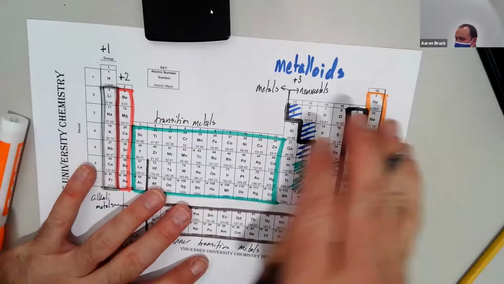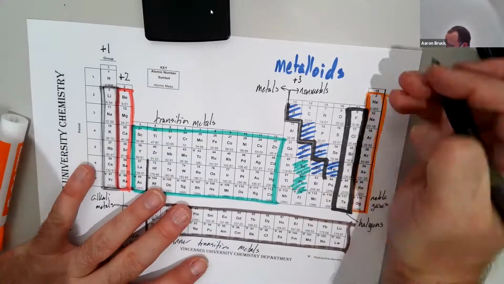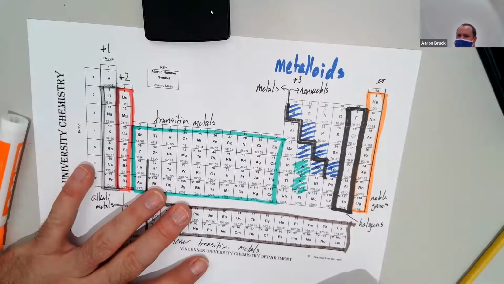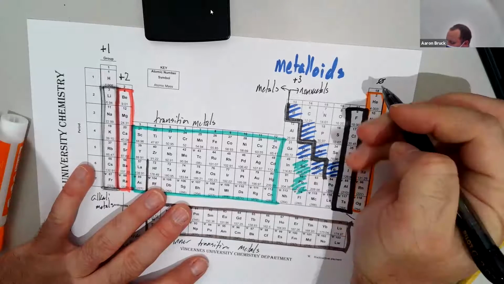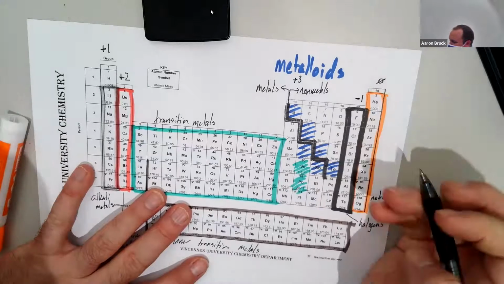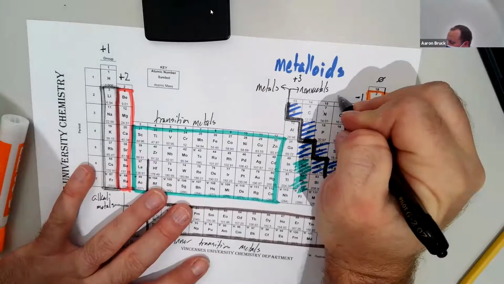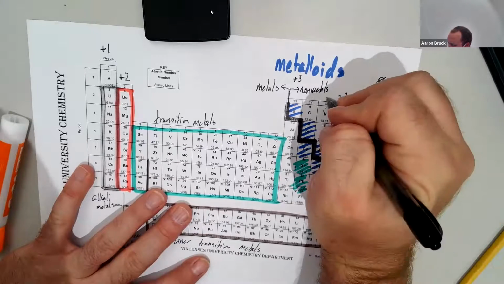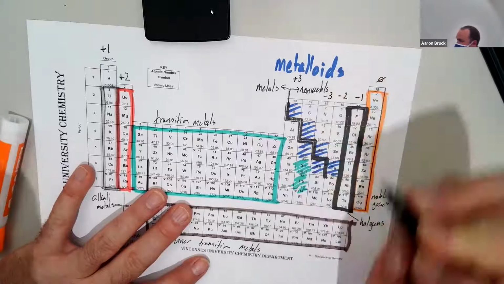Coming back to the other side, the noble gases do not form ions, so they are uncharged. The halogens take on a -1 charge. The oxygen group takes on a -2 charge. And the nitrogen group takes on a -3 charge for the most part.